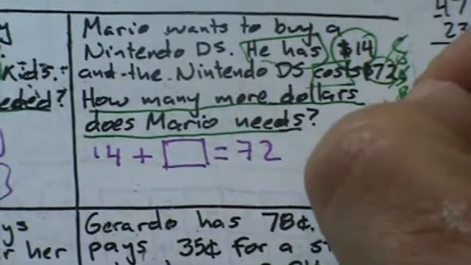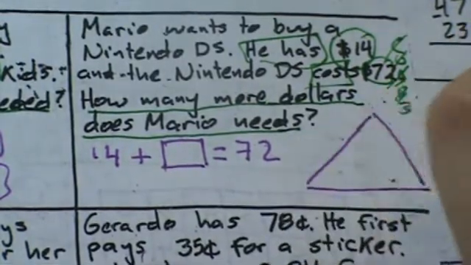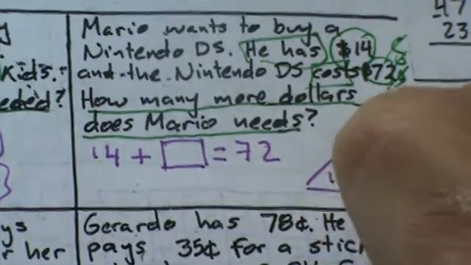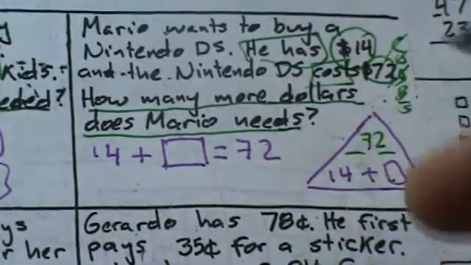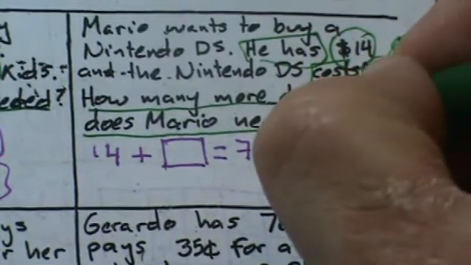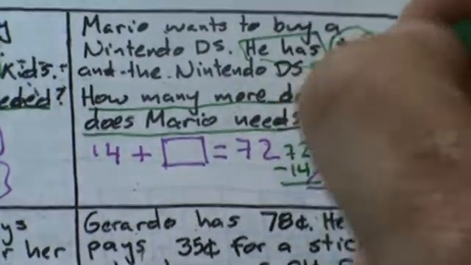So now I use the fact family Chinito. I have 14 plus some equals 72. El Chinito me dice que haga 72 minus 14. 72 minus 14. Can I do 2 minus 4?